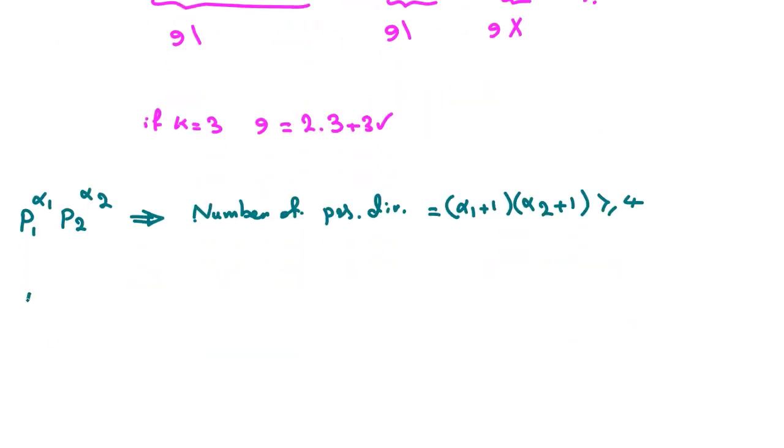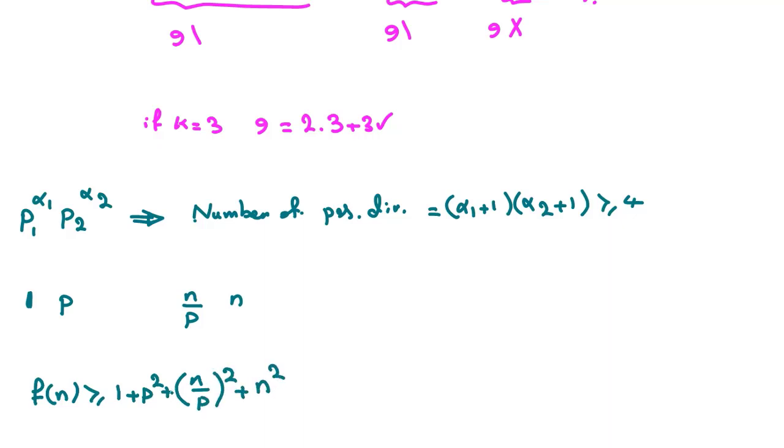So when we have 1 and n, if we consider the minimum divisor, it is a prime p. This one is n over p. Maybe also we have some other numbers. And f of n is at least 1 plus p squared plus n over p squared plus n squared.